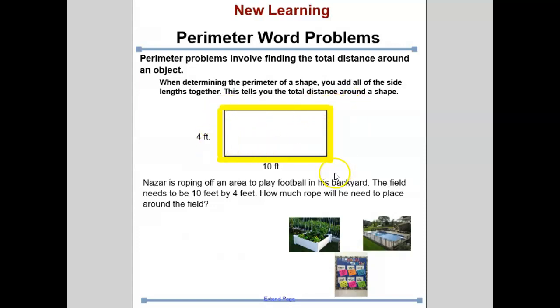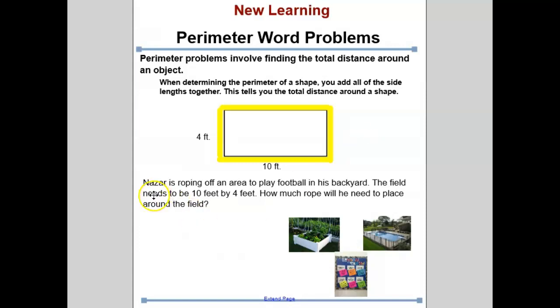You already know that to determine the perimeter of a shape, you add all of the side lengths very carefully. So today, I'm going to talk to you about some key details that tell you right away that a problem is a perimeter problem if they're used in a word problem.